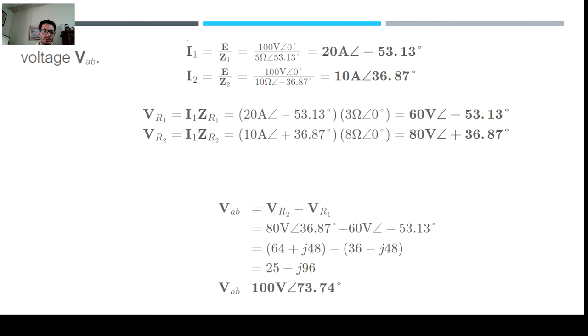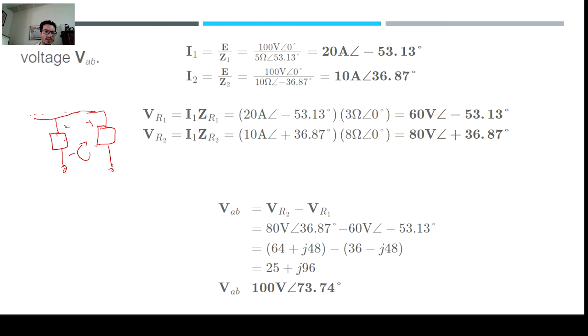So to find voltage AB, we need to find the voltage through resistor 1 and the voltage through resistor 2. Remember, if we have a circuit where we have an element here and another element here, and we're asking what is the voltage between here and here, then plus minus, we need to do our clockwise rotation.